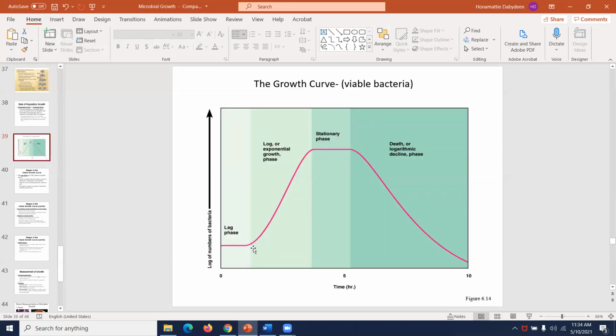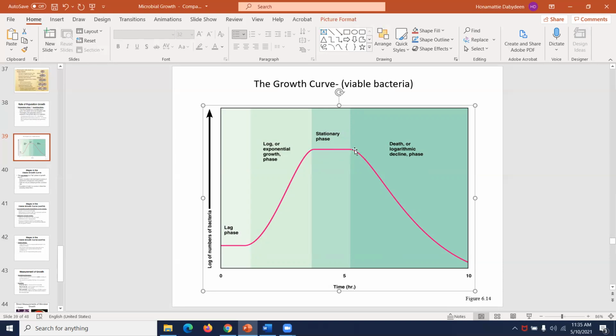A phase where they get used to their environment, things are very okay with them, they start multiplying out of proportion, and then finally realize, well, wait a minute, we don't have an unlimited supply. We only have a certain amount of food, a certain amount of space. And so some organisms will still fight and find that space and food, and they will multiply, others will just die.